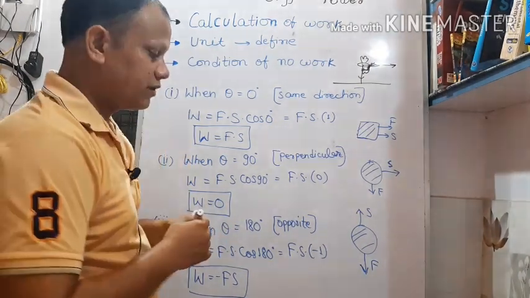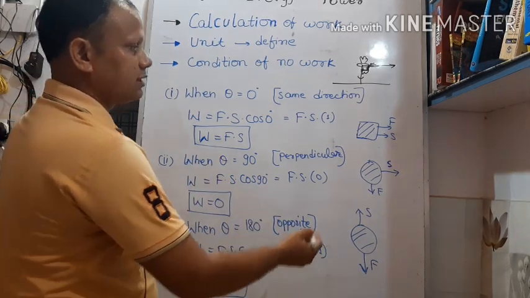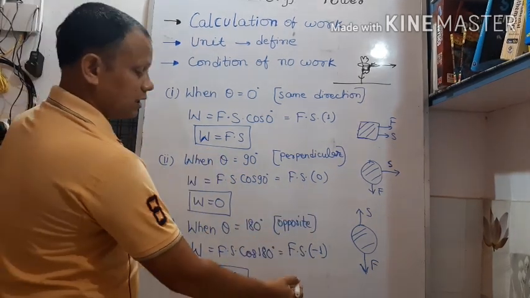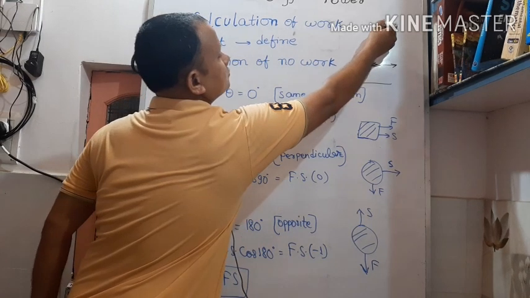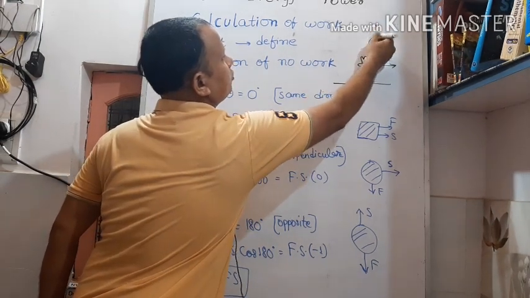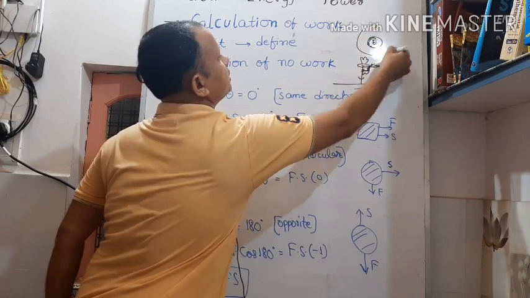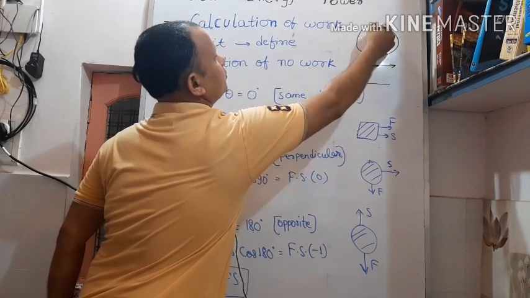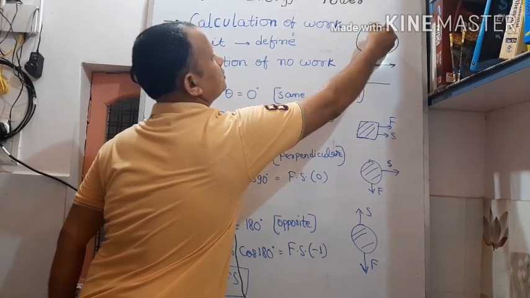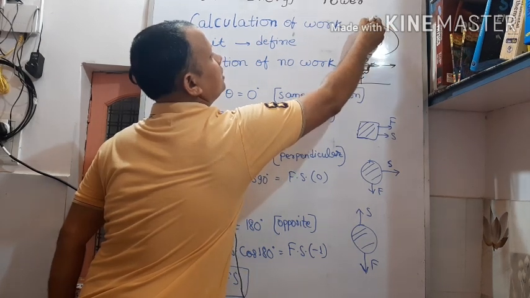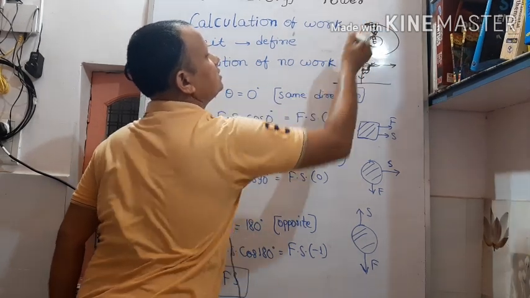For another example, we can take the example of a satellite. As we know, a satellite takes rounds of any heavenly body. When it is taking a round, the centripetal force is acting towards the center, and the movement direction is perpendicular to it, tangentially.